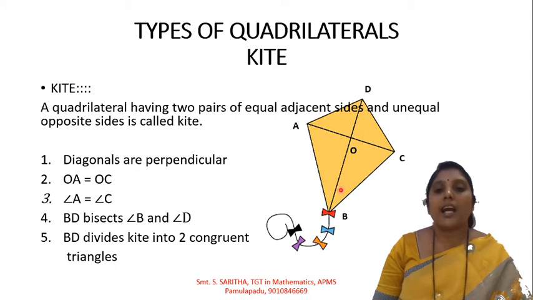Also, the diagonal BD divides the kite into two congruent triangles, triangle ABD and triangle BCD. So, in a kite, the diagonals are perpendicular, OA is equal to OC, BD bisects angle B and angle D, angle A is equal to angle C, and the diagonal BD divides the kite into two congruent triangles.